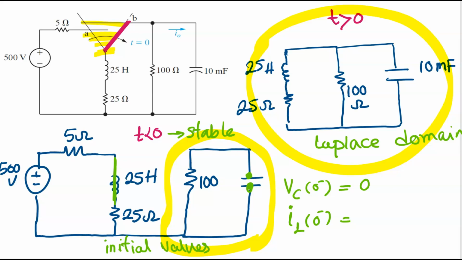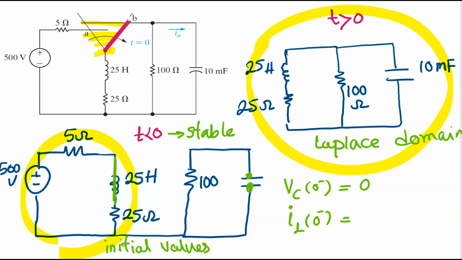However, because on the other side I do have a source, I'm going to have a current for my inductor, and the current is equal to 500 divided by 5 plus 25, and it's going to be equal to 16.6 amp.